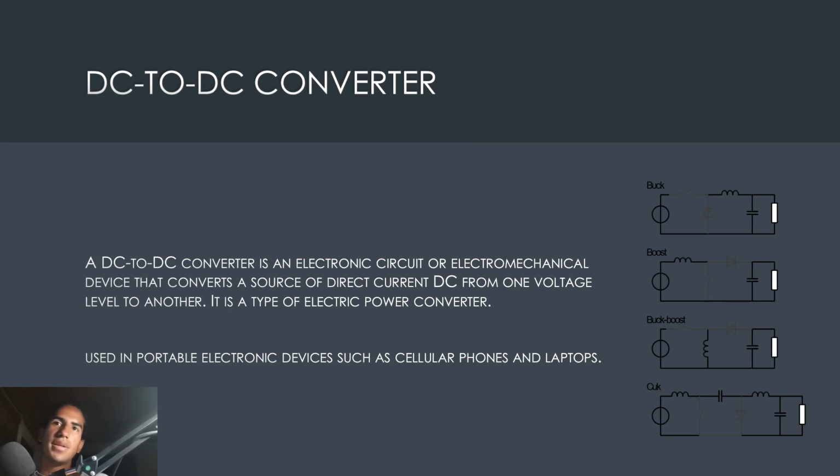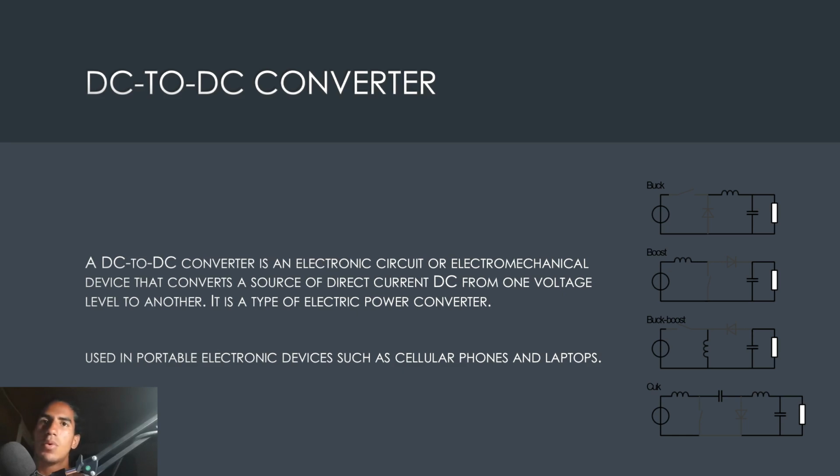Basically, it's an electronic circuit or electromechanical device that converts a source of direct current from one voltage level to another voltage level. It's basically a type of electric power converter.